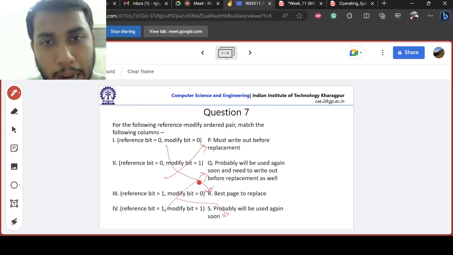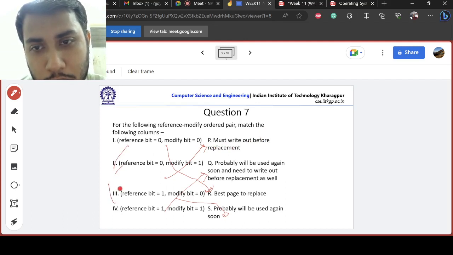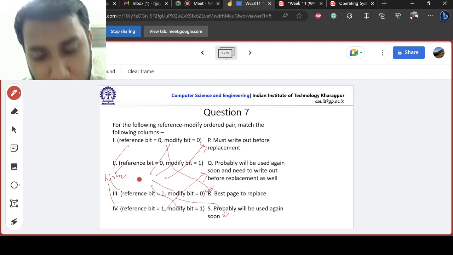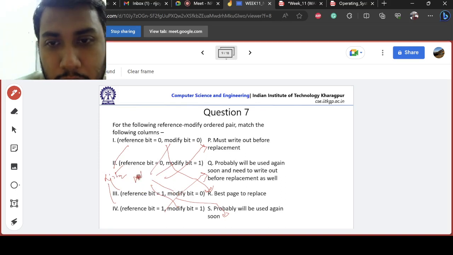So it will have to be written out. So the reference bit indicates the history, and the modified bit represents the state of the data.